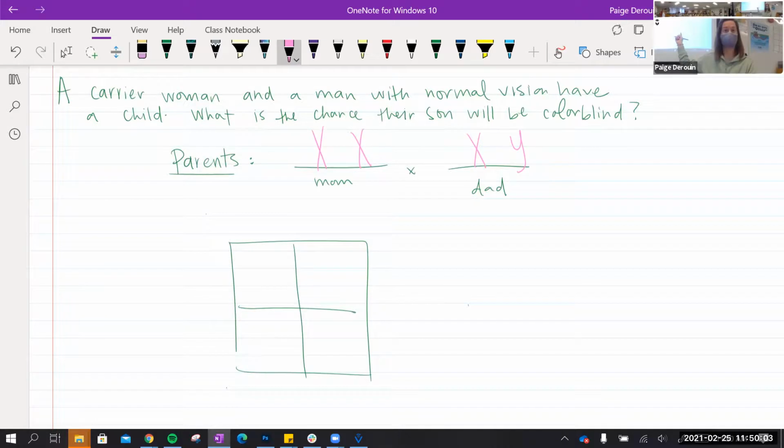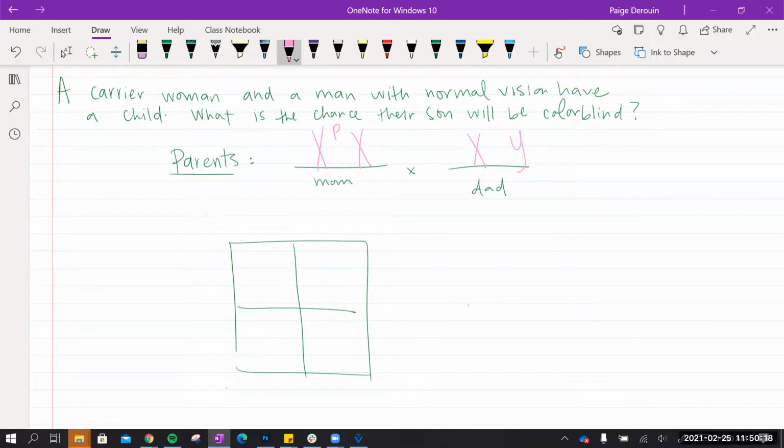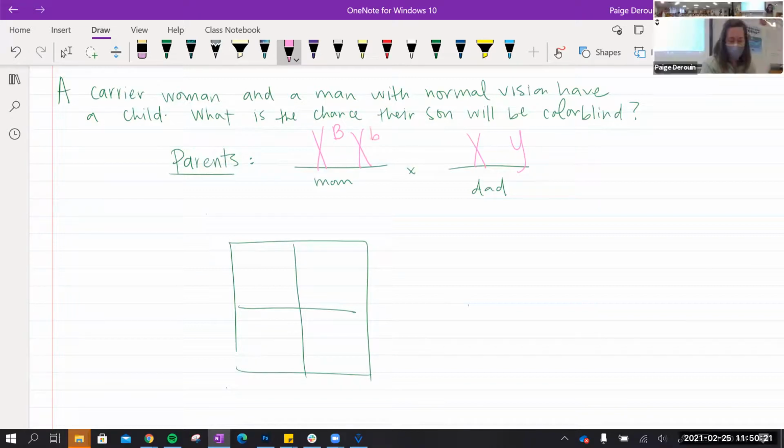That doesn't work. You need to have an X and a Y because that's the father. So you can't cross X, X, X, X. All right, so now on the mom's X's, we can put a what and a what? Big B and a little b. Good, big B and a little b because she was a carrier.